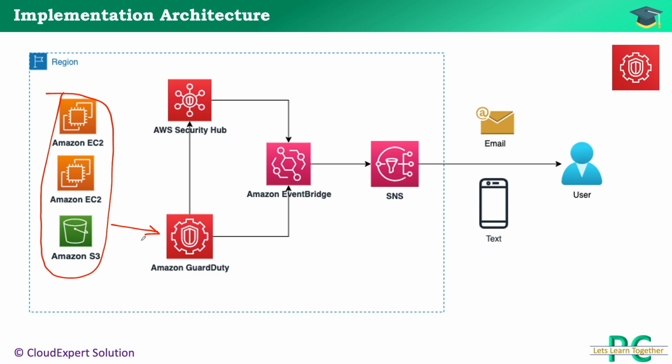Whenever there is a finding, you want to set an alert. To set that alert, first we are going to create a SNS topic. And in that SNS topic, we are going to subscribe. You can subscribe email, you can subscribe mobile text. In today's video, we are going to cover the email part. We are not going to cover the mobile text part, but the process is the same.